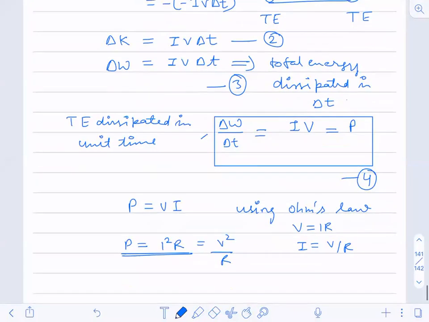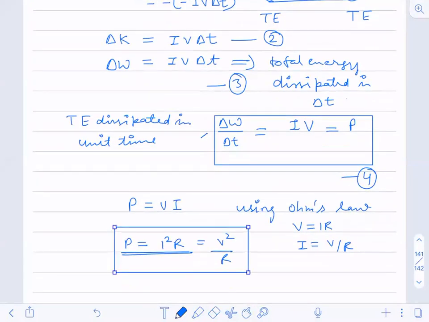This is also a very important equation. This is our fifth equation.